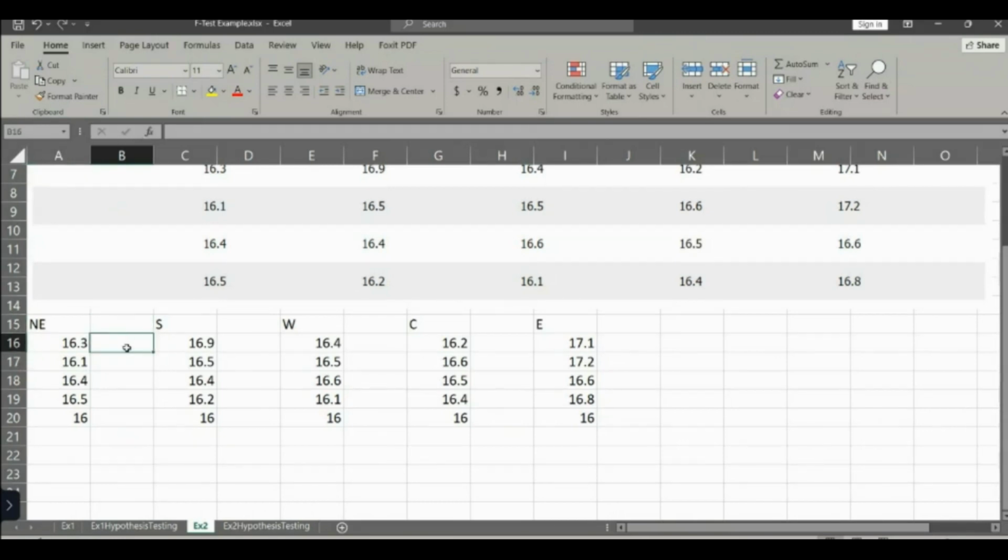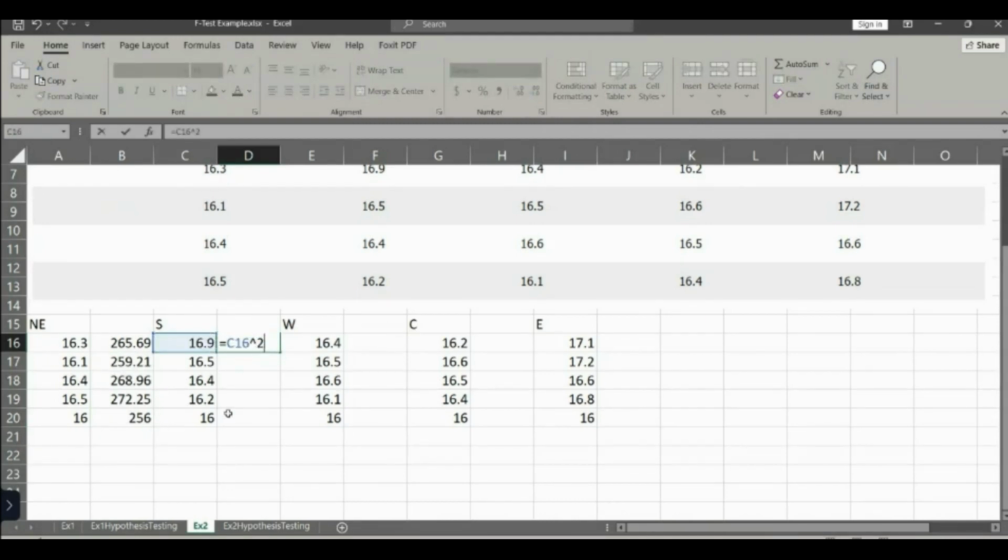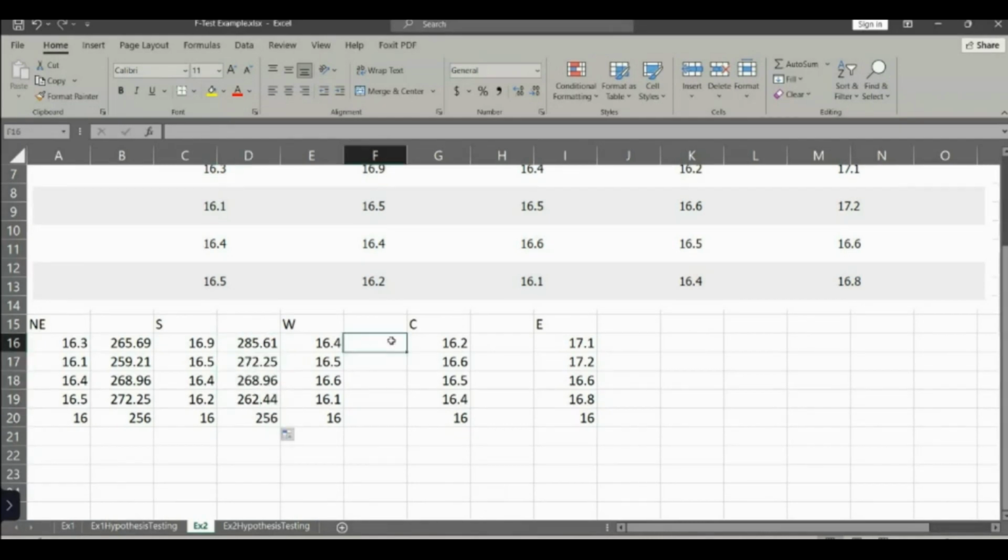So we have here 16.3 squared. And let me just copy. And 16.9 squared. Copy again. We have 16.4 squared.